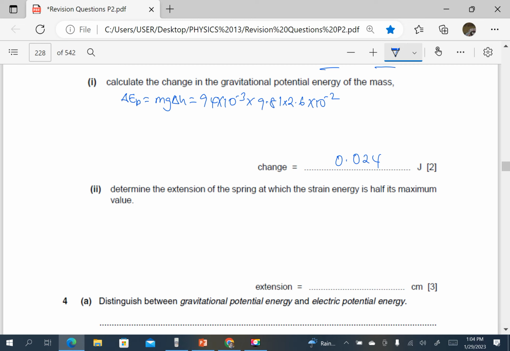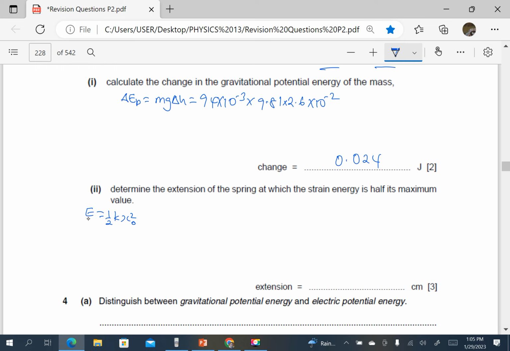Determine the extension of the spring at which the strain energy is half its maximum. We have strain energy E equal to a half kx squared when the extension is x. Now, at half of its maximum, let the maximum be at x naught.